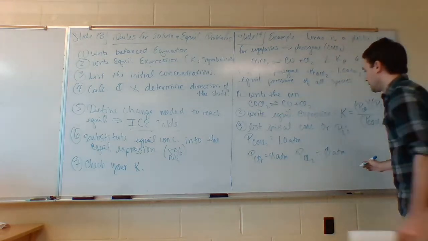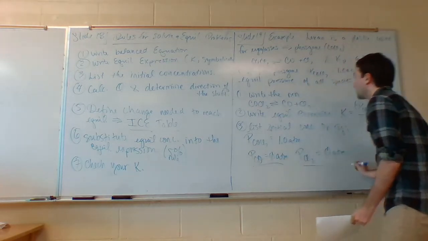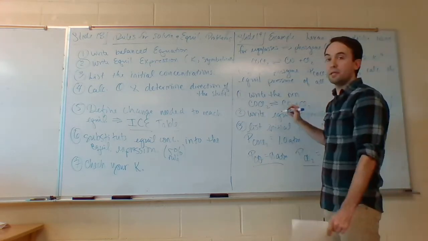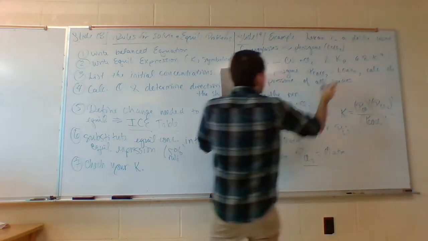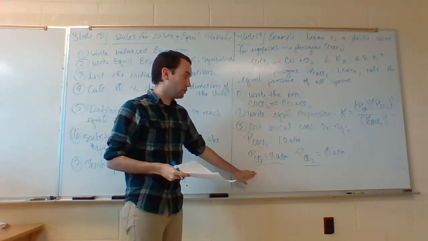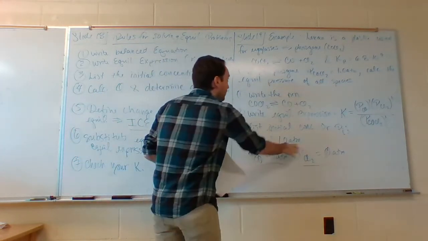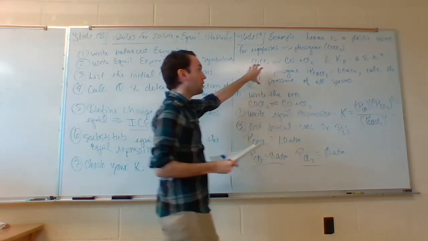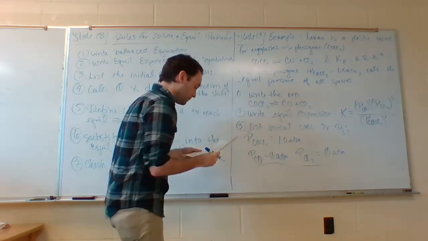Okay, we were able to deduce that because it wasn't given above in our description of the problem for our initial partial pressures. Okay, so you can assume that they're 0 if they don't tell you in the problem statement.